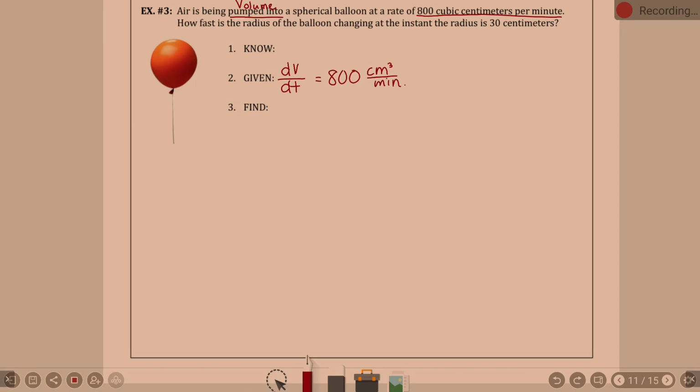Our known is the formula we're going to be talking about, and the find, what are we going to have to find? The find is dr over dt.